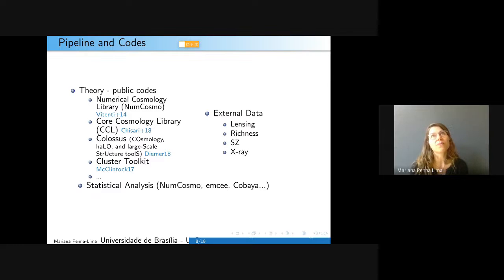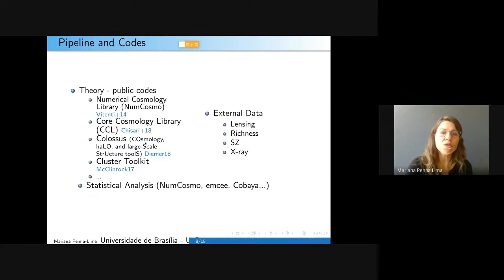So, but now we are more and more getting public libraries dedicated to cosmology. Here I list a few of them: the Numerical Cosmology Library, the Core Cosmology Library, which has been developed by a group, many authors in the Dark Energy Science Collaboration, but it's a public library.